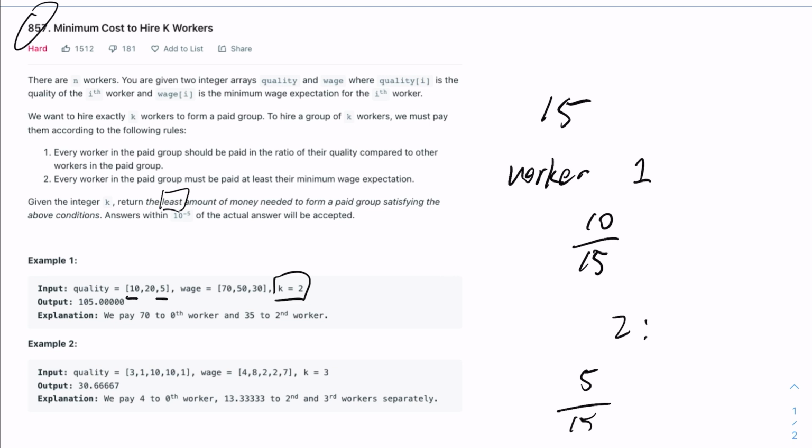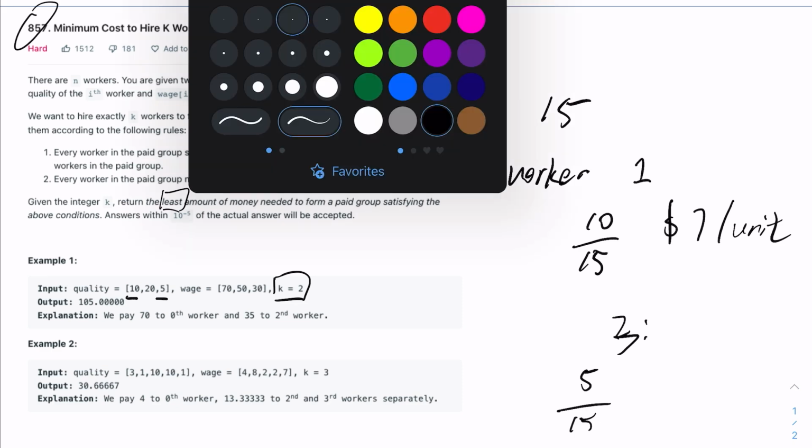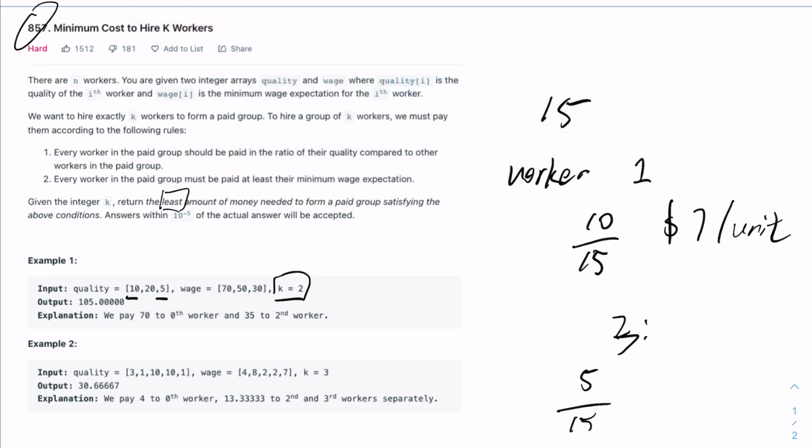And also we know that for worker 1 we need at least $7 per unit to meet the minimum wage. We get this 7 because we need $70 per 10 units. That will give us 7.